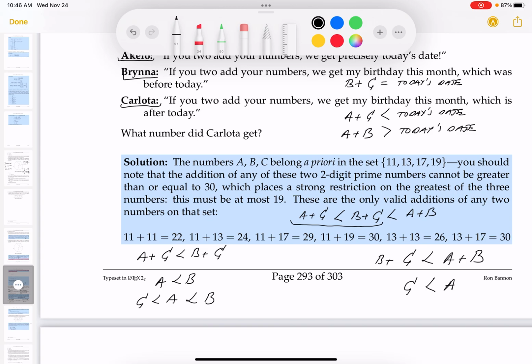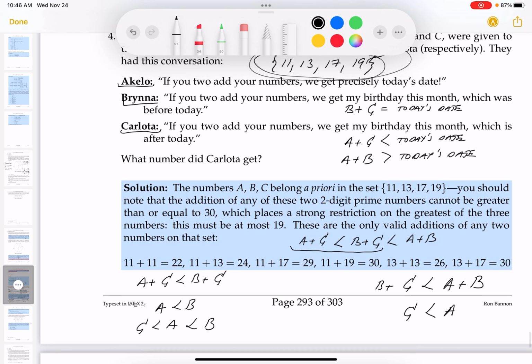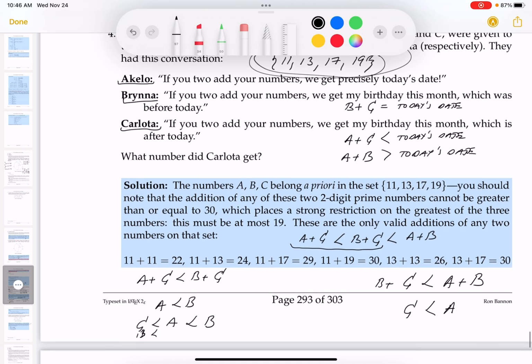So I write this over here. I mean, I could write this down. I could write 11. And then A could be a number up from that. You know what I'm going to do just to make it a little bit easier for me? I'm going to say Carlotta is 13 and see if this makes any sense. Because if that doesn't make sense, then I have to jump ship.